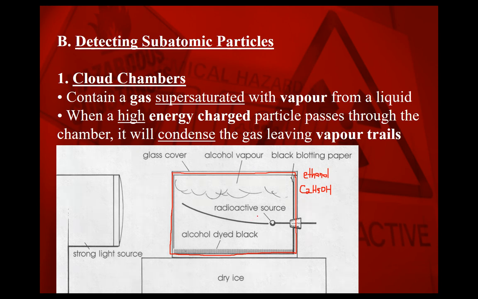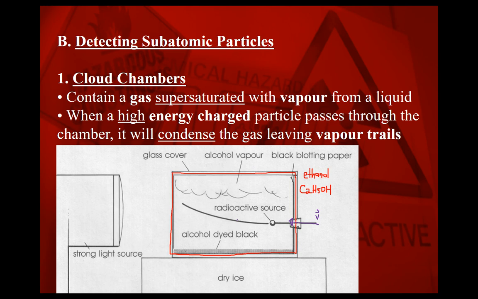When we fire a subatomic particle through this cloud chamber, what happens is, so here's where I'm firing my subatomic particle in at this location. So there's some kind of nuclear reaction that's occurring there where I'm hoping to produce a new subatomic particle. When this subatomic particle is produced, what it'll do is it moves through the chamber, and as it moves through the chamber, it condenses the gas.